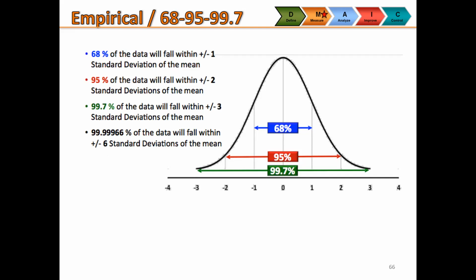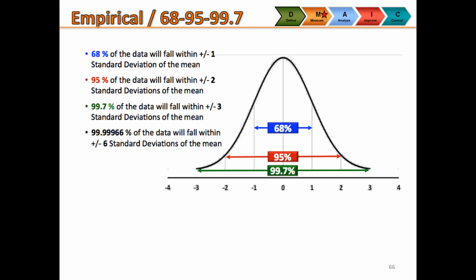And 95% of my data is within 2 standard deviations of the mean, left and right. And 99.7% of my data, of those 775 data points, is within 3 standard deviations to the right and left of my mean. And I'll give you an example of why that's important.